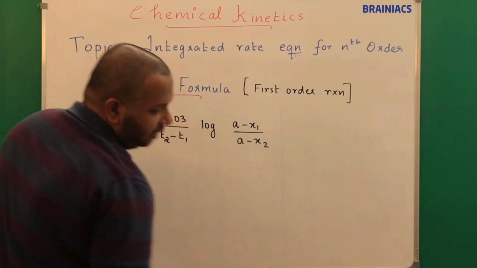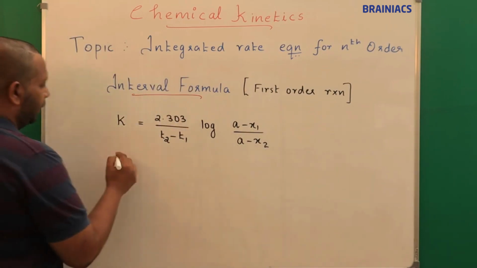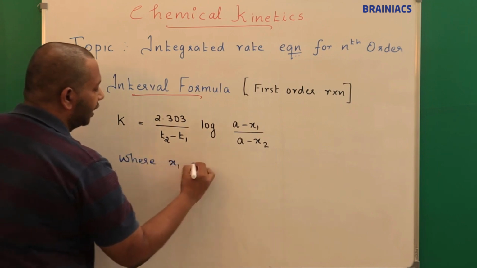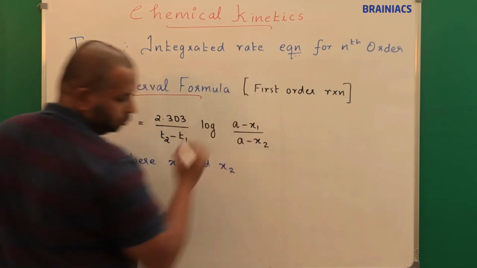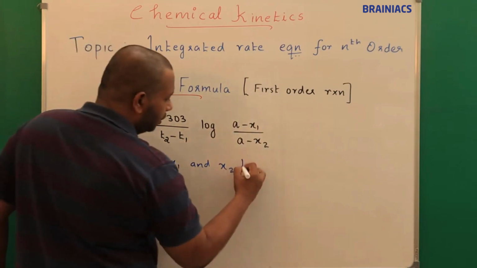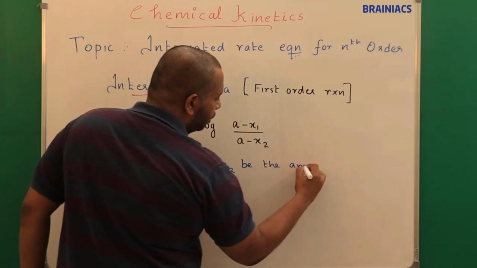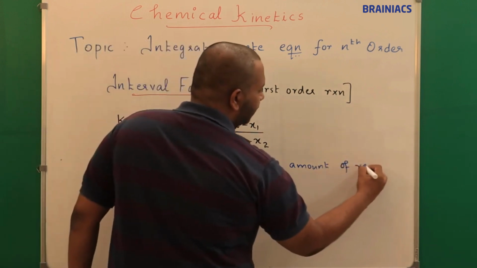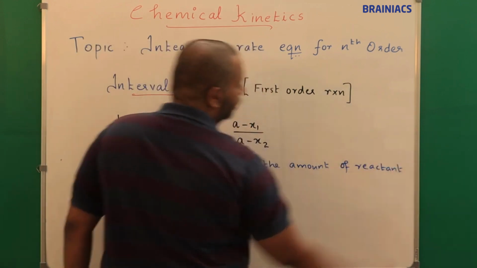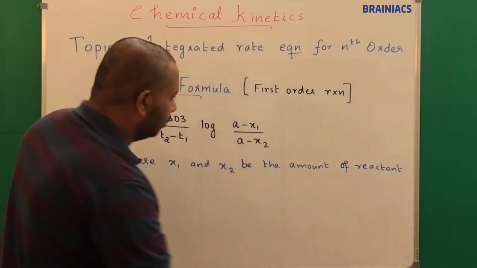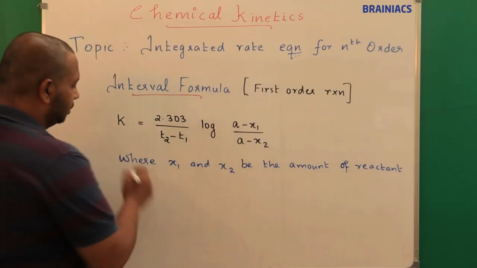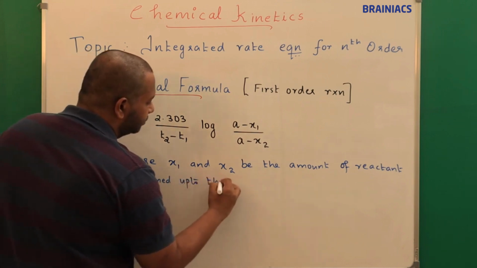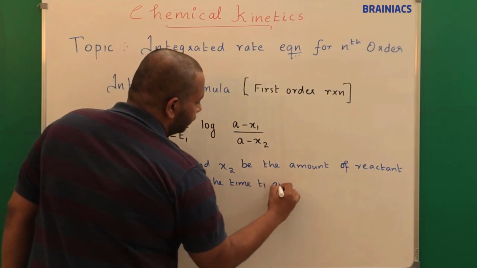Now I can say x1 and x2 are the amount of reactant consumed up to the time t1 and t2.